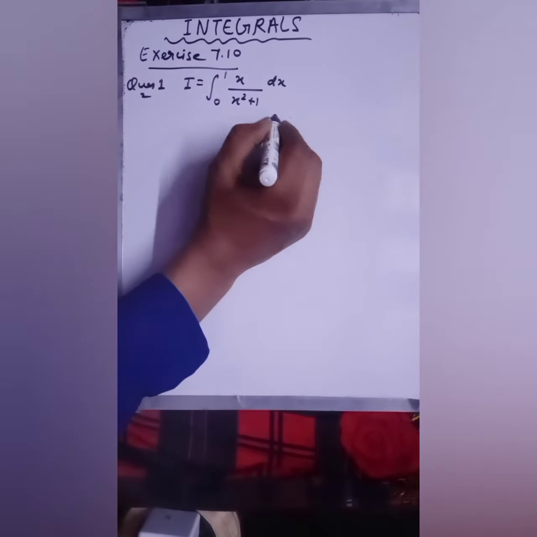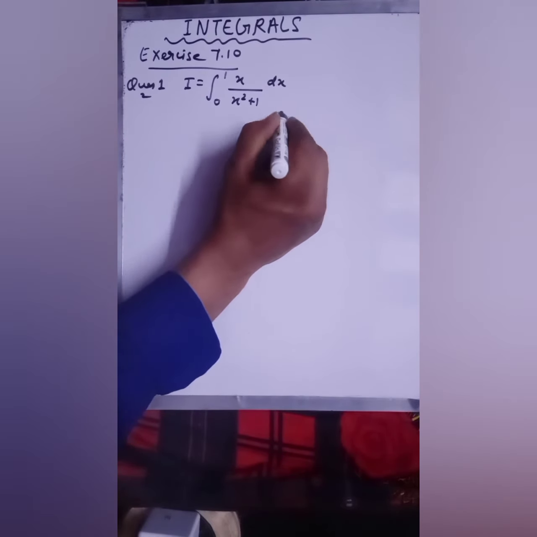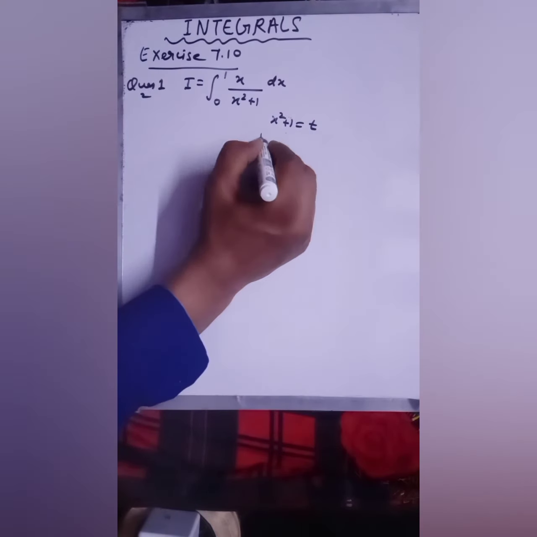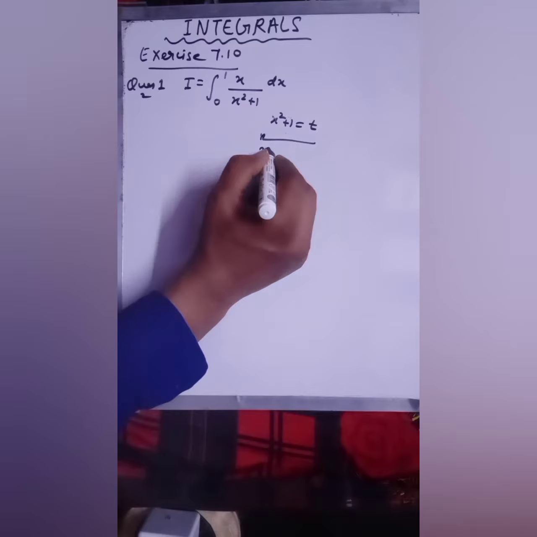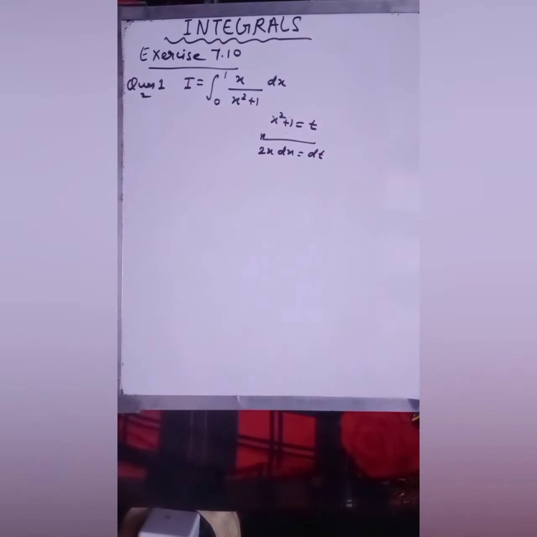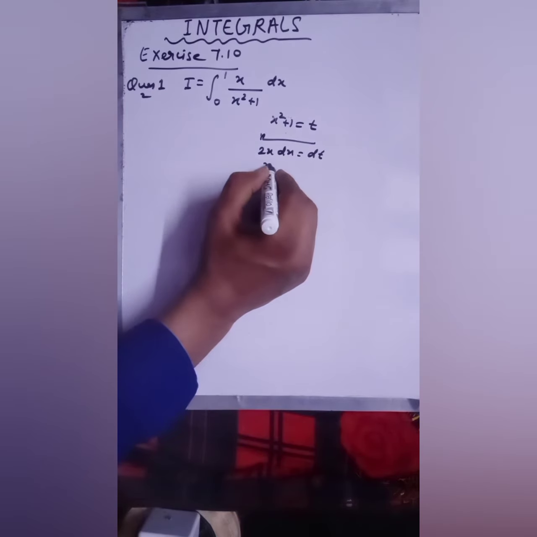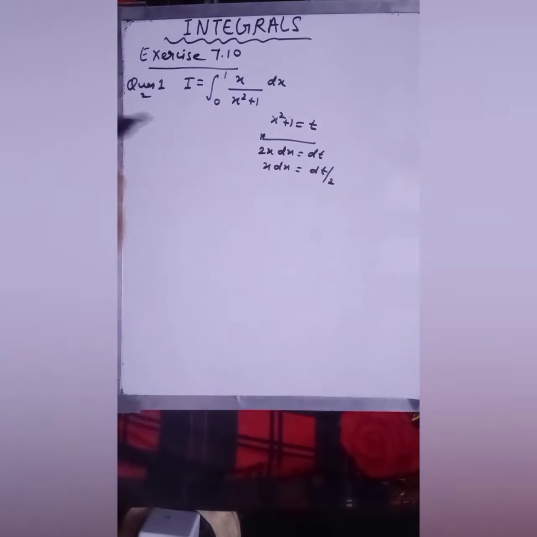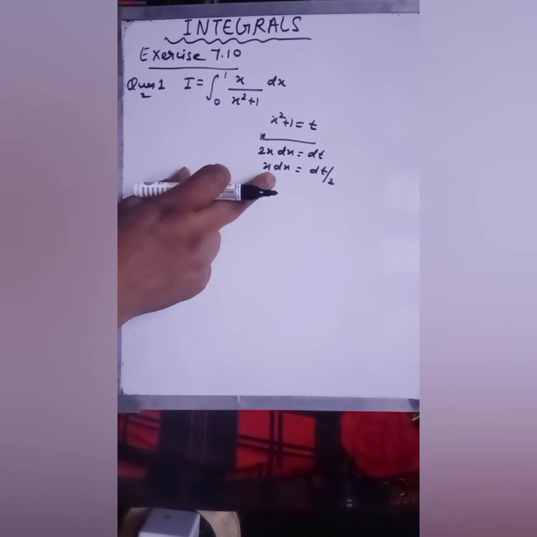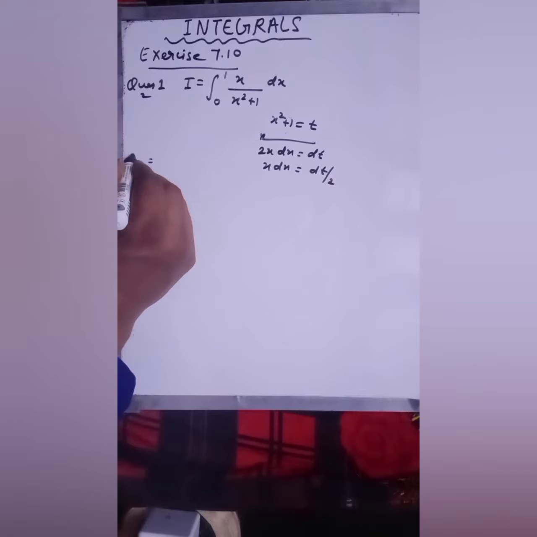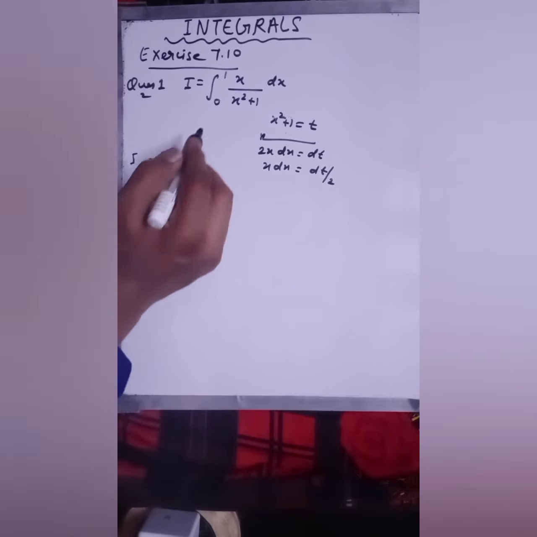Here, I'm assuming that x square plus 1 is equal to t. Differentiating both sides, you will get 2x dx equal to dt. So x into dx is equal to dt by 2. We are putting this value in the question.